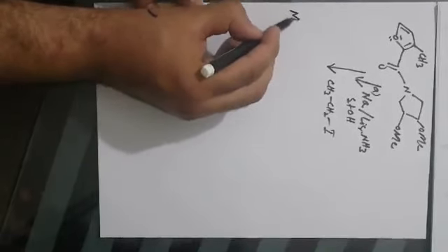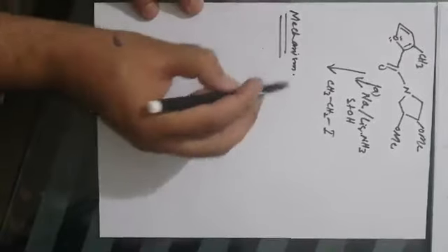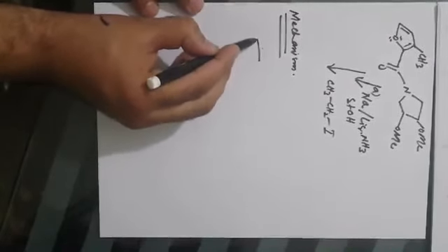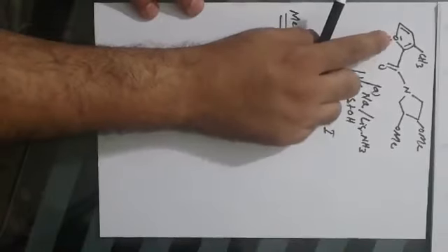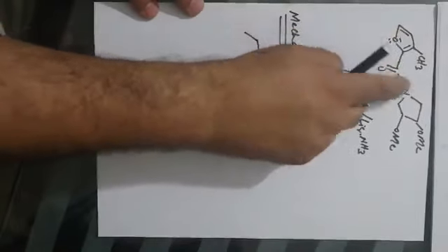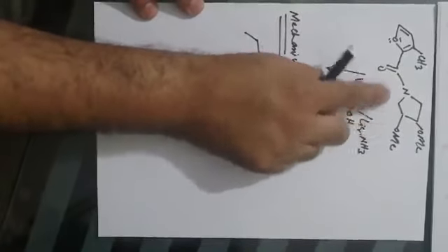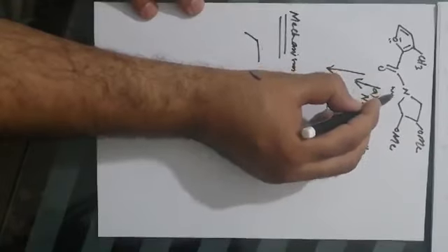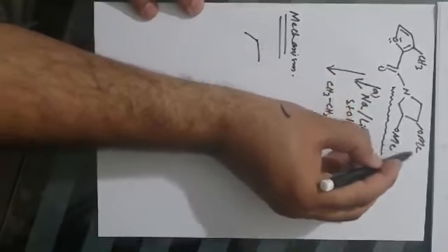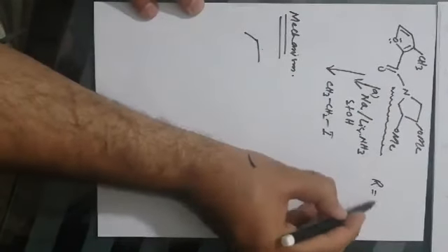Let's draw the mechanism to find our solution. You know, the Birch reduction involves only the aromatic system. The rest of the molecule will remain unreactive. So for convenience, I will represent this part of the molecule with R. What is R?